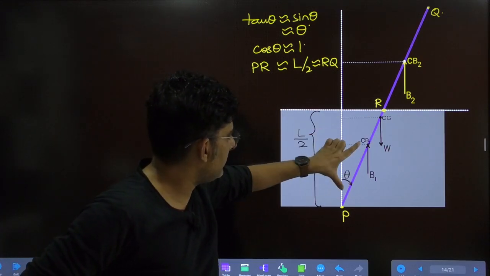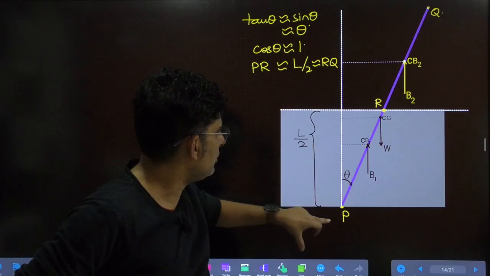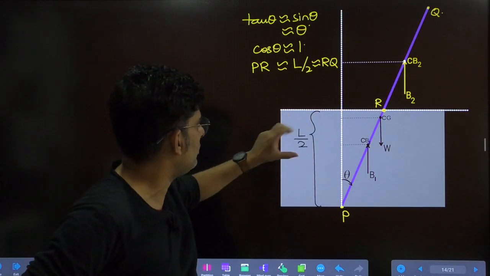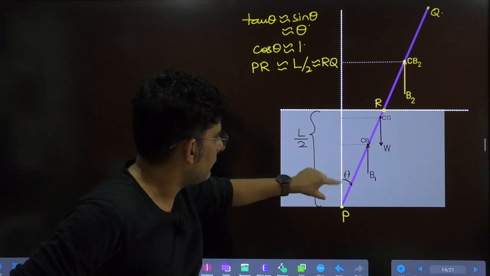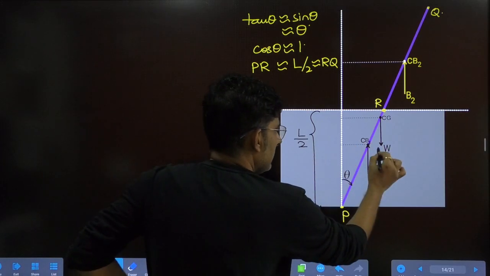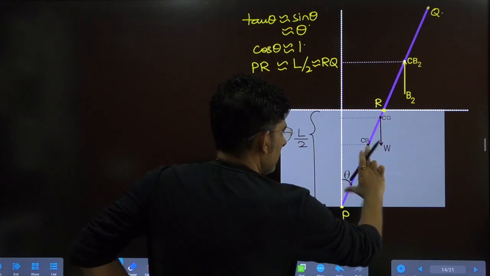Since this length is L by 2, PR is approximately equal to L by 2, so this PCB1, this gap, will approximately be L by 4.